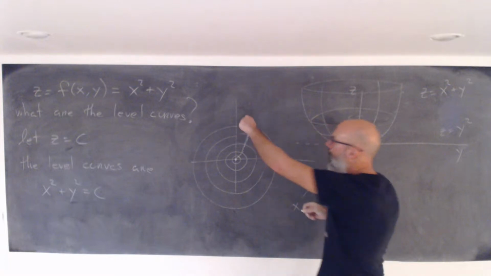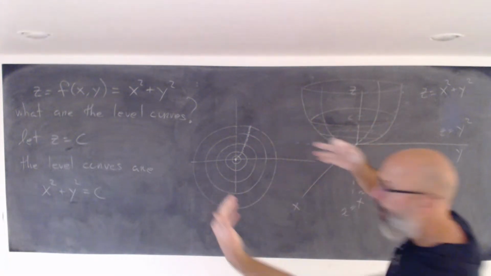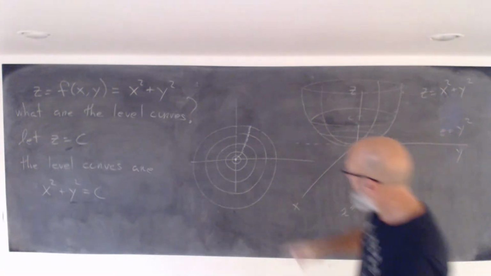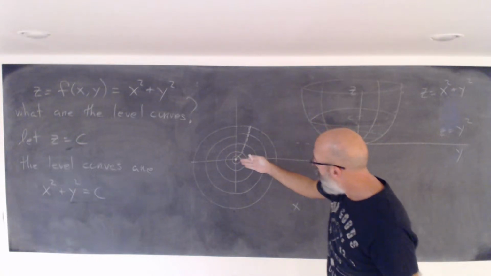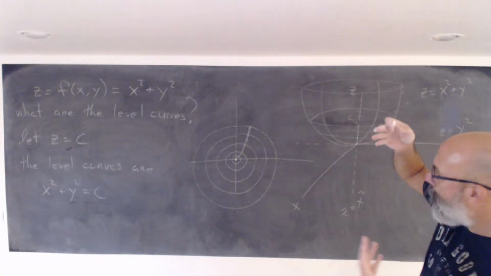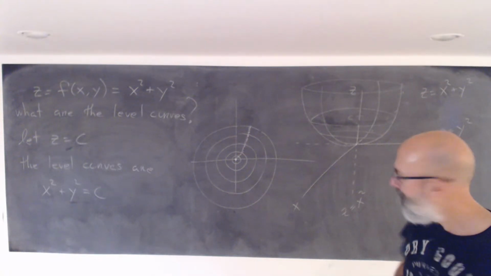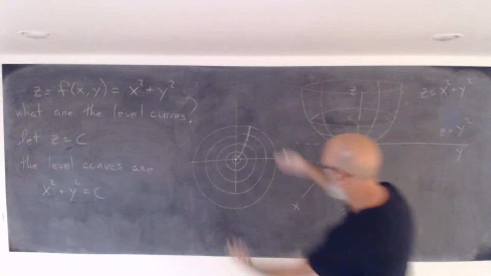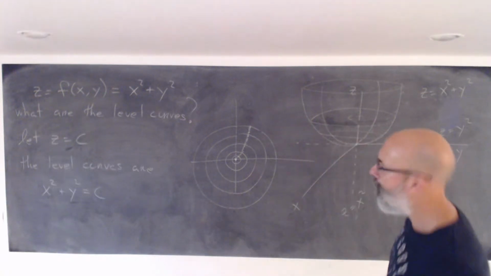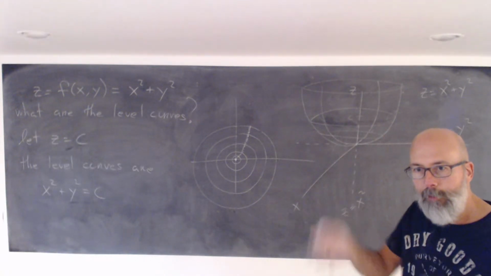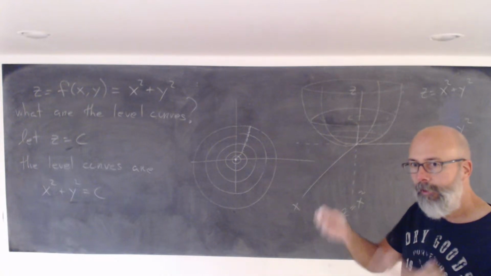And then if you were to pull that up in the direction of z, they would just pull up. Imagine pulling these up like these planters that are made out of chain.